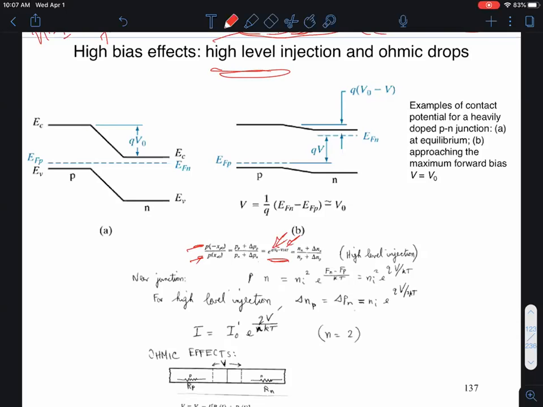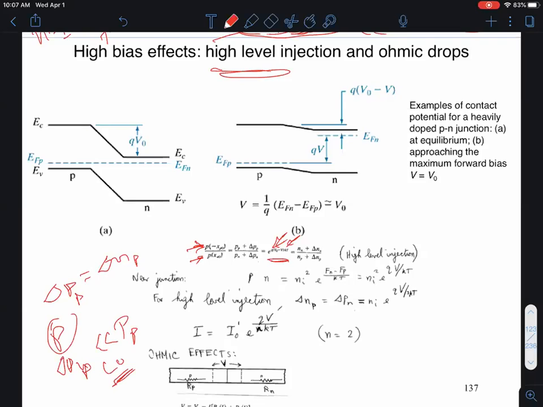Now, in the low level injection condition that we discussed at the beginning of this lecture, the numerator, which is the majority carrier concentration, does not have a significant change on a fractional basis, okay? Delta P is exactly equal to delta N on the P side, but delta P on the P side is much, much smaller than the P doping on the P side to begin with. That's the low level injection assumption, all right?